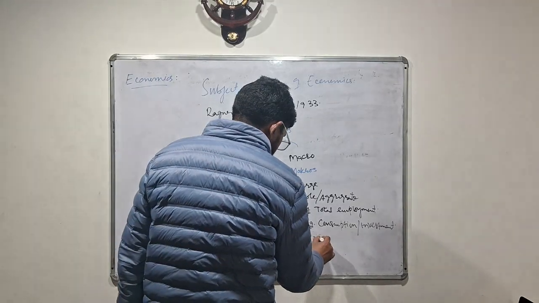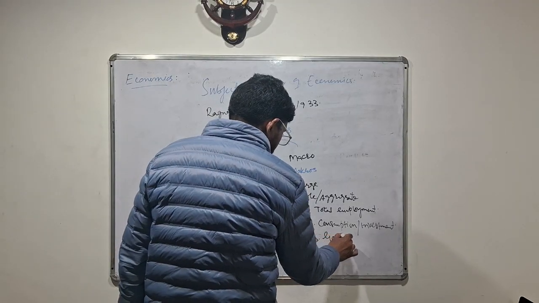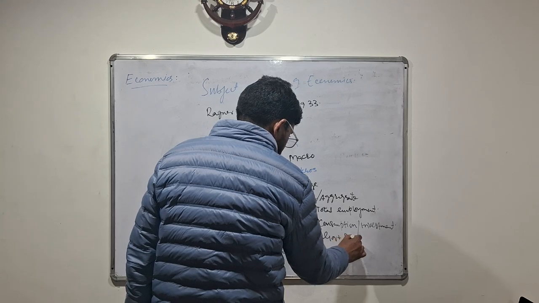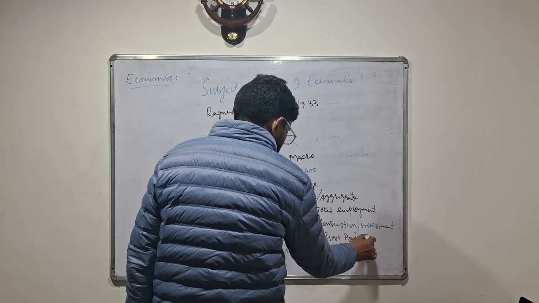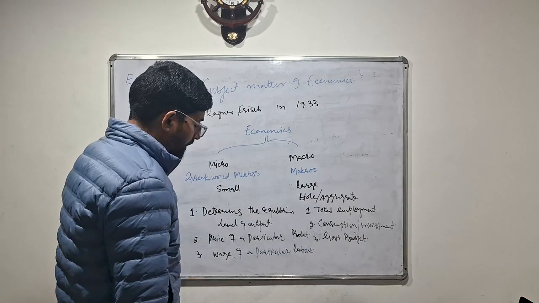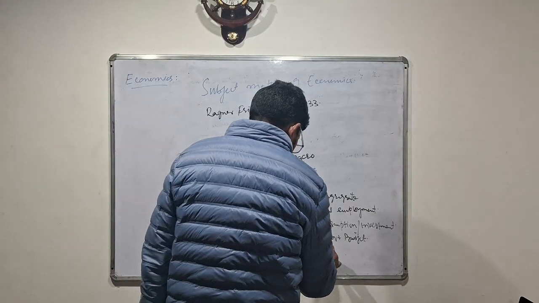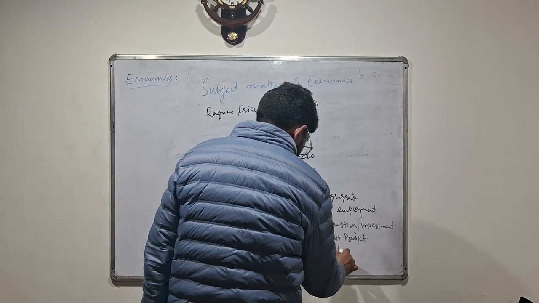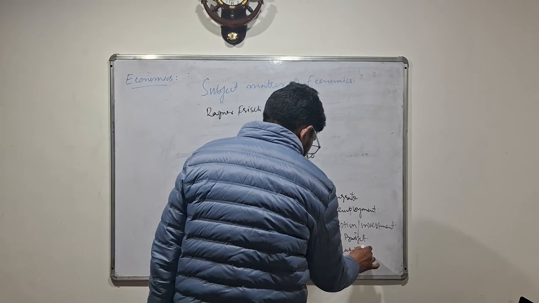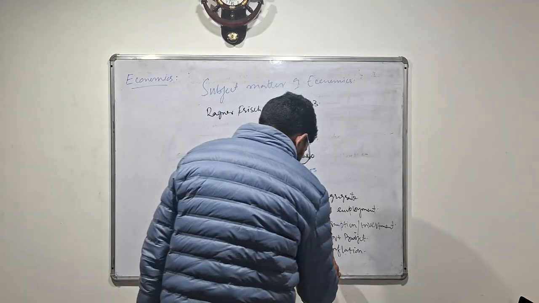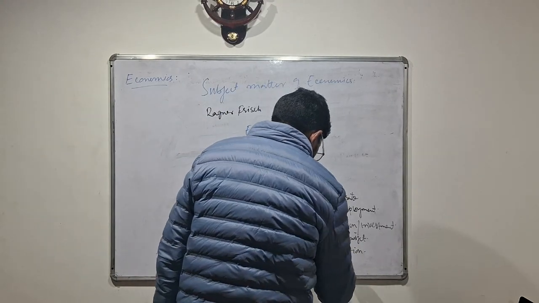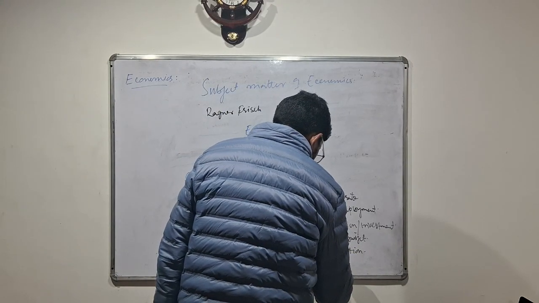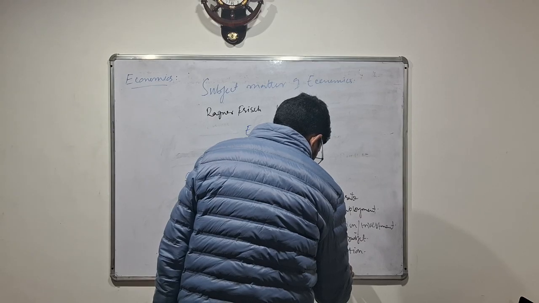Third, government budget. Fourth, inflation. Fifth, foreign trade, or we can say trade, export and import.